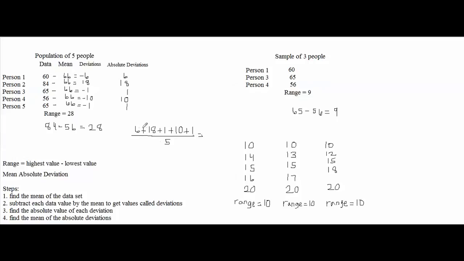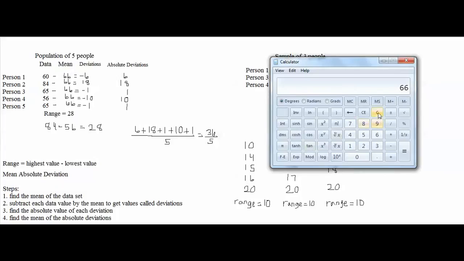Let's add the numbers on top. 6 plus 18 is 24. 24 plus 1 is 25. 25 plus 10 is 35. And 35 plus 1 is 36. We added the numbers, and we got a total of 36.